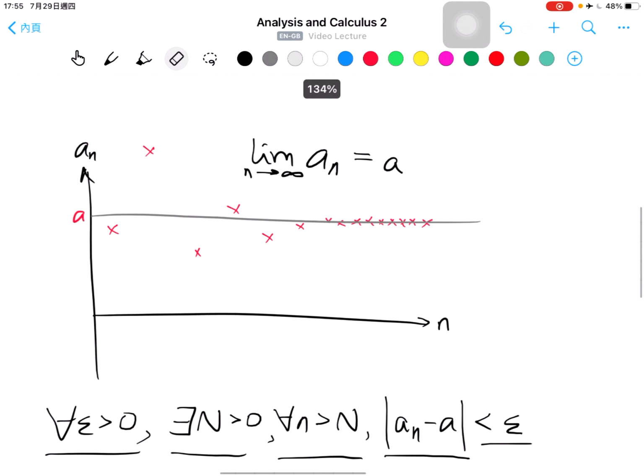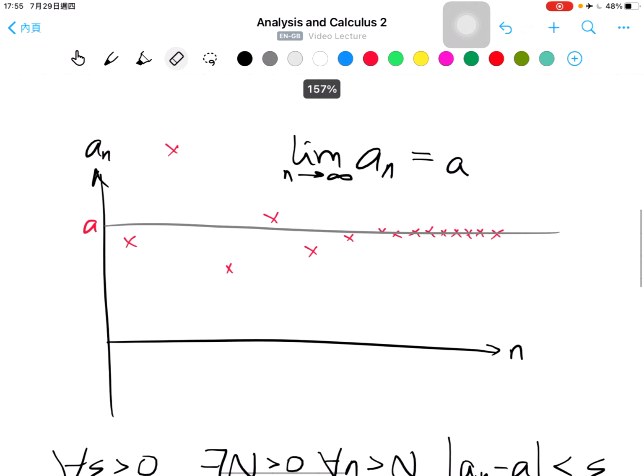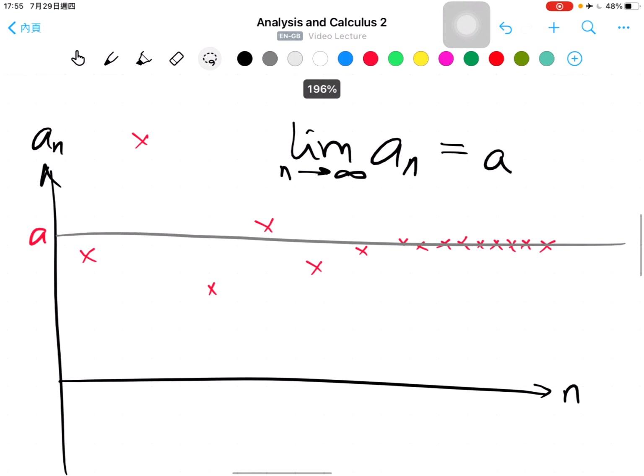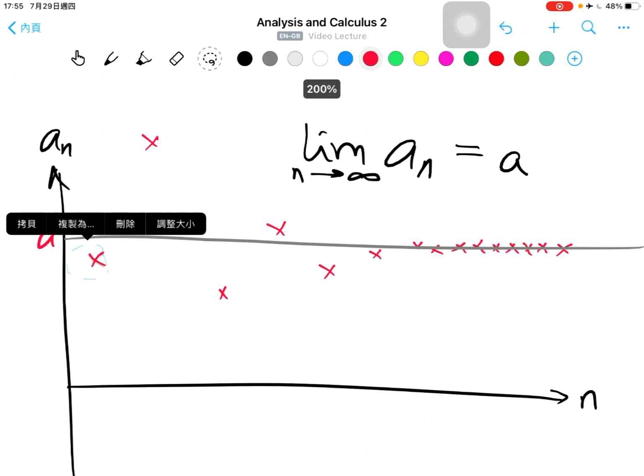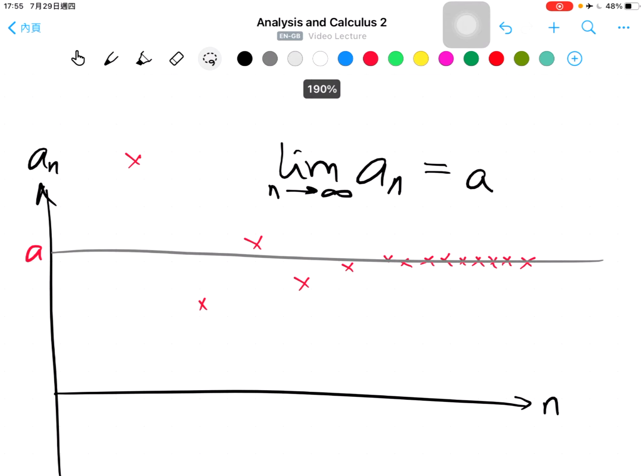Now, there's something to notice. From before, I said when we take away the first term, it's not going to affect the overall convergence or divergence of the entire sequence, right? If it's going to converge, the rest of the terms will still converge.